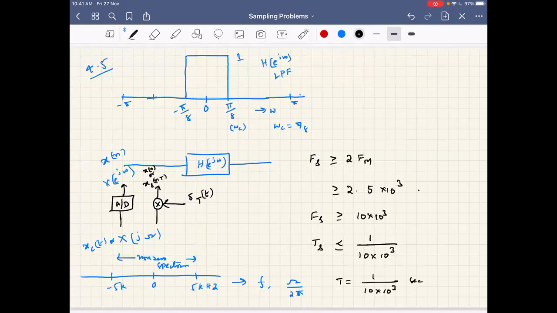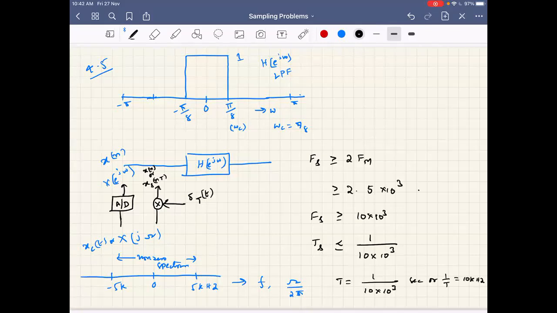Now the next question is, if 1 by T is equal to 10 kilohertz, so T is 1 by 10 kilohertz.